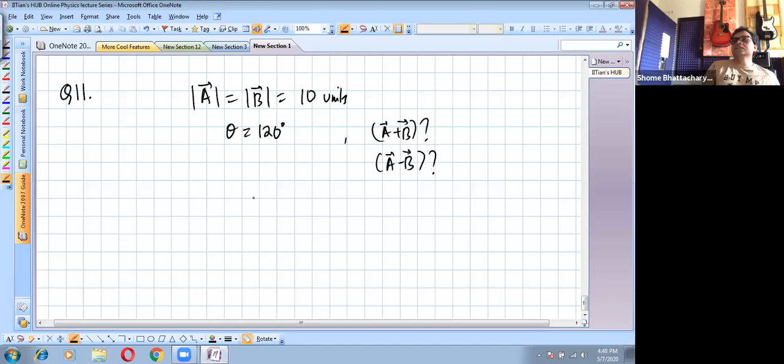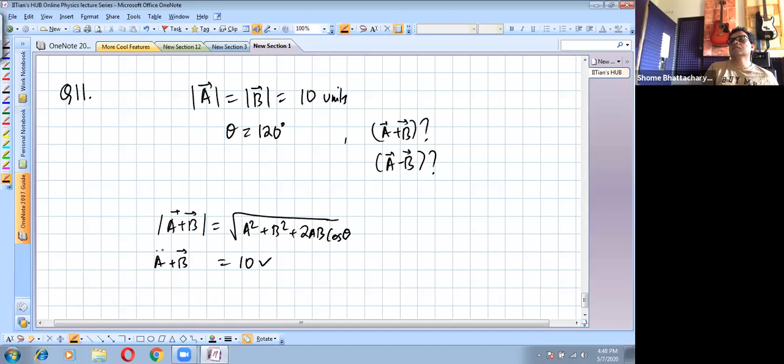Okay. So we can just use the formula. Mod of A plus B is equal to root of A square plus B square plus 2AB cos theta. When you substitute these values, you will see that this comes out to be 10. And similarly, the angle that A plus B makes with the vector A, tan alpha is B sin theta upon A plus B cos theta.